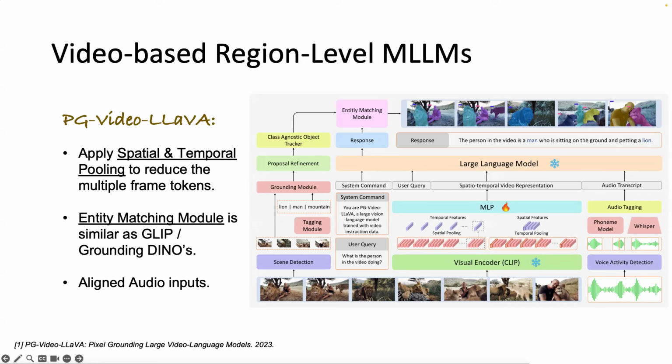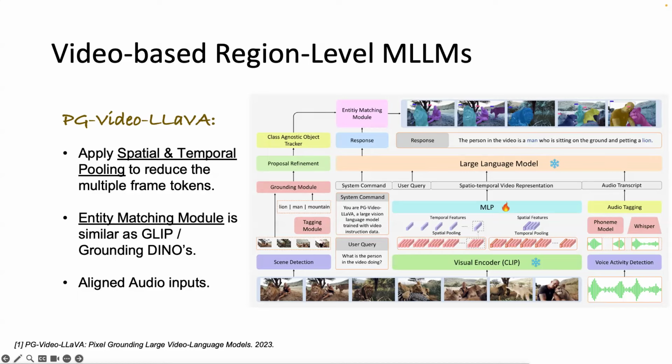Different from the traditional image multimodal large language models, they have multiple frames as input. So how do they extract the features? They use a video encoder and apply spatial or temporal pooling to reduce the multiple frame tokens.